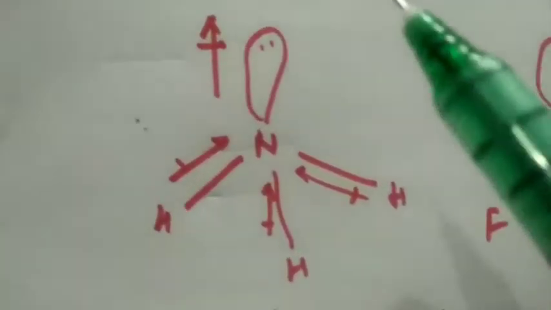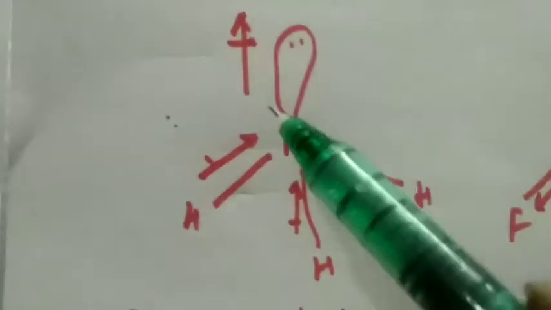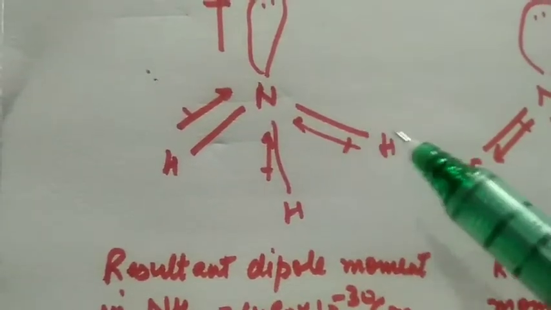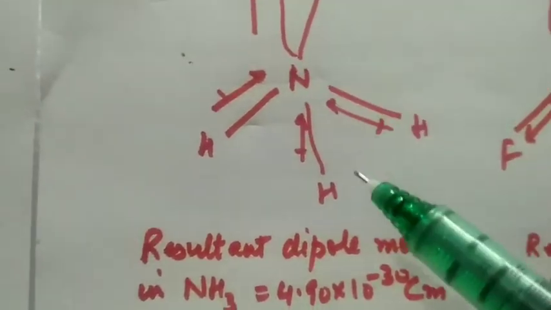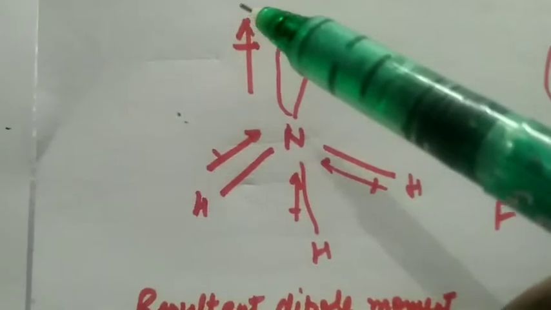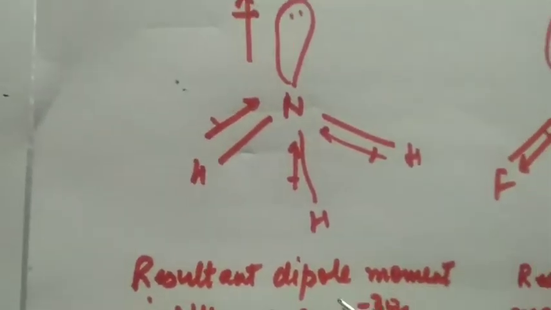This is because the orbital has some dipole, and these three bonds have dipoles pointing towards nitrogen. Their resultant and the dipole of the orbital are pointing in the same direction.